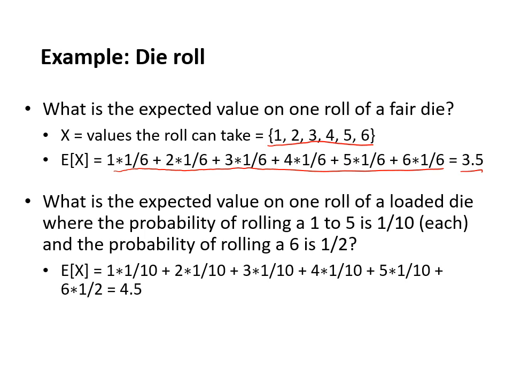Then the expected value is computed using this sum, where we plug in these probabilities and the values that the die rolls, and this computes into 4.5. So as expected, because the die is loaded towards 6, the expected value goes up.